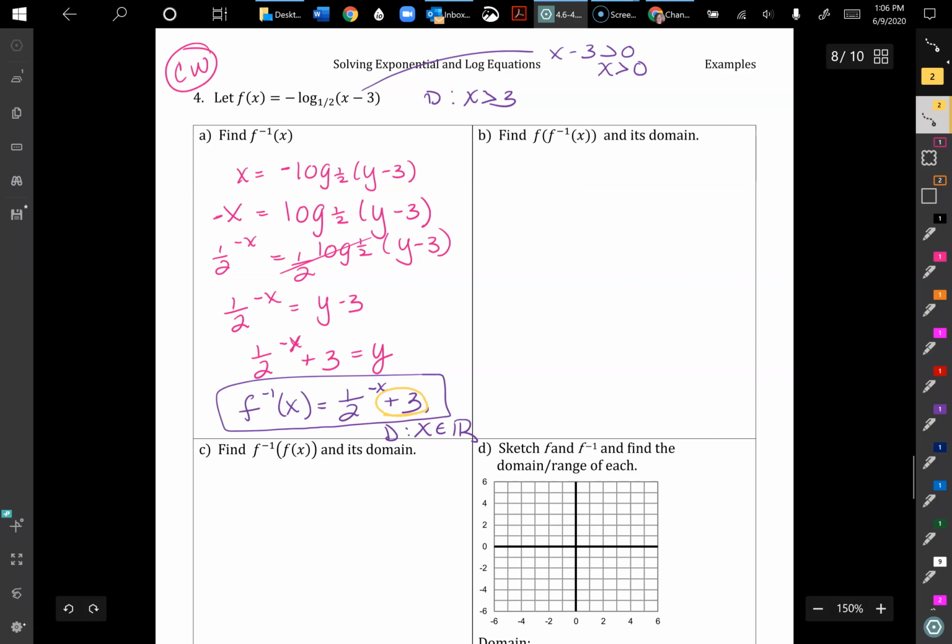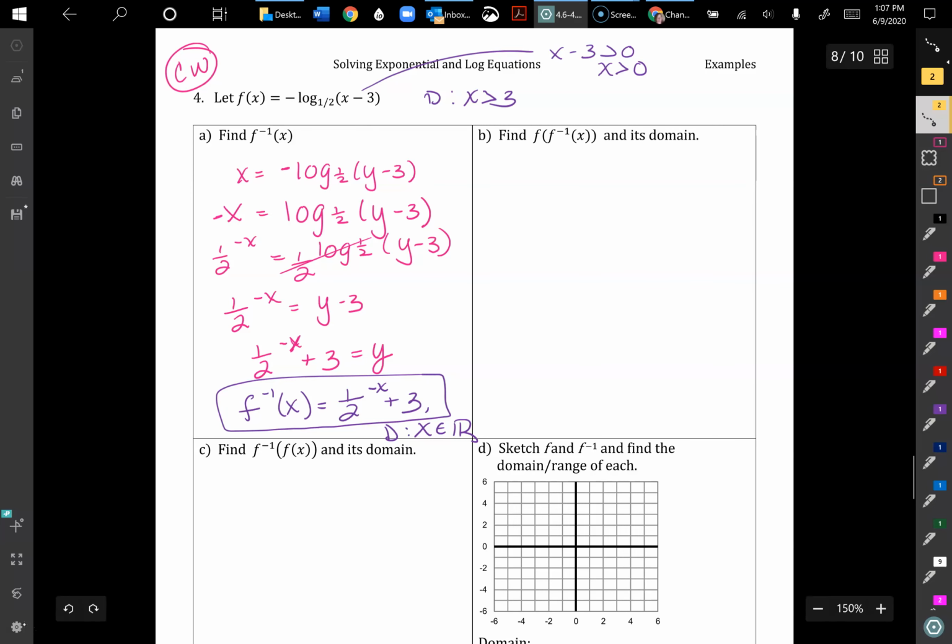So notice I have this vertical shift up 3, so that's going to change things a little bit. That actually means my domain of my original, if you notice, x had to be greater than 3, right? So that's affecting the input on the original.